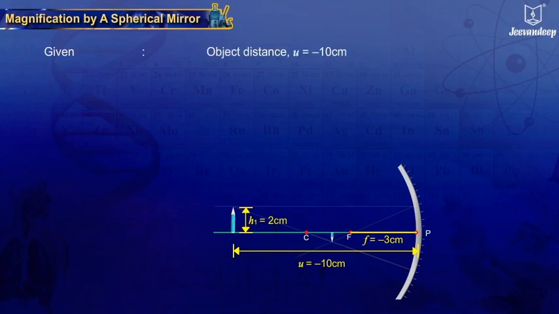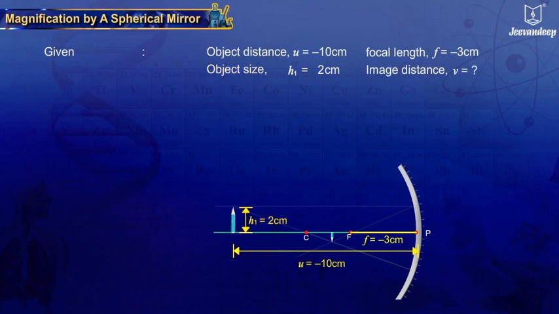Given: object distance u = -10 centimeters, focal length f = -3 centimeters, object size h1 = 2 centimeters. We have to find out the distance of the image from the pole, v, and the height of the image, h2.